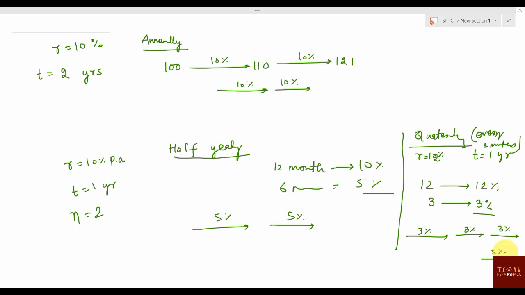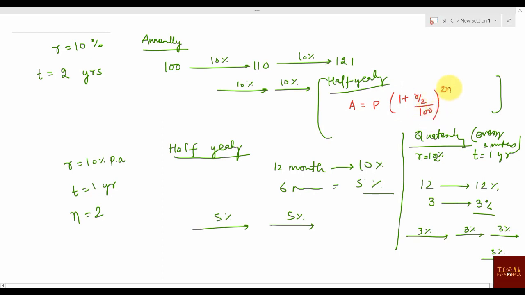Clear? If I tell you the formula, there's some formula for half yearly compounding. I'm not sure whether it is correct or not because I don't remember the formula, but I think it is something like A equal to P into 1 plus R by 2 by 100 raised to power 2n.